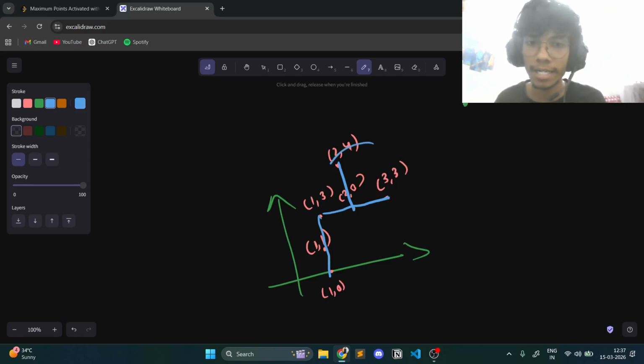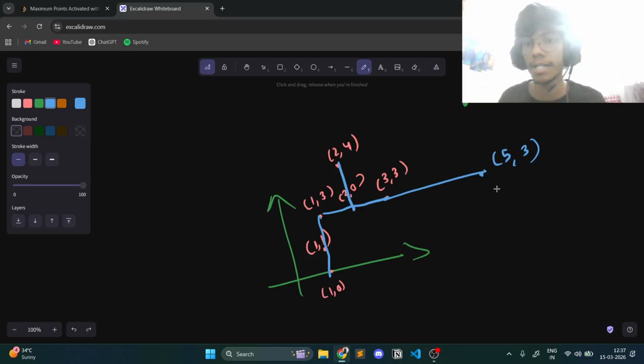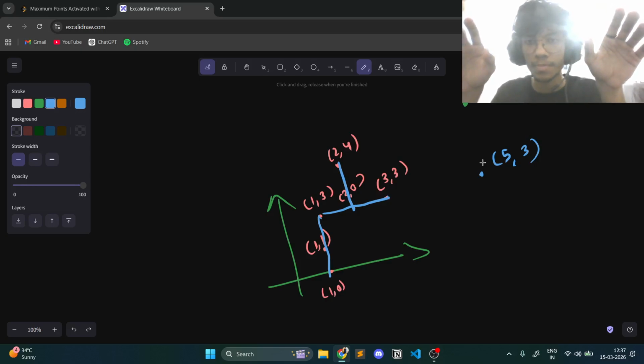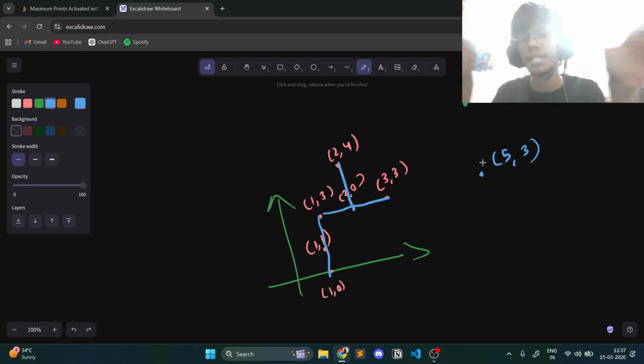In order to connect these, the problem is saying we can add another integer coordinate. So let's say we take maybe 5 3, yeah, this is 5 3. We can add this particular coordinate, and now this shares the same y coordinate, so this also becomes activated and this also becomes activated, right? So that is all for this problem, that we need to merge the largest possible graph, I think.